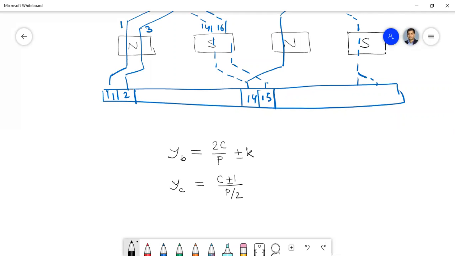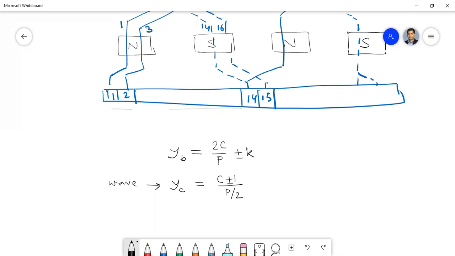So that is the formula for the commutator pitch for wave winding. That is the difference; for wave winding, the commutator pitch is quite different.